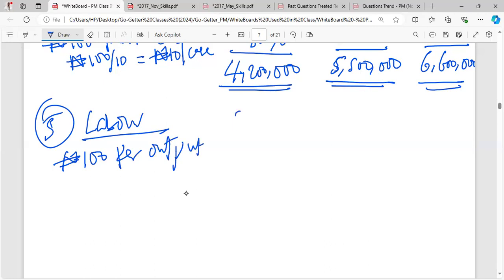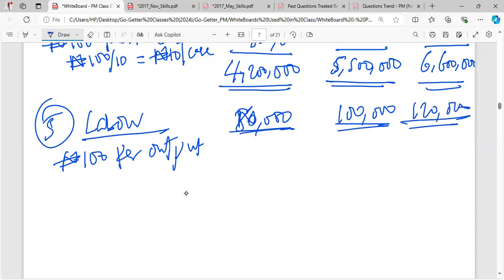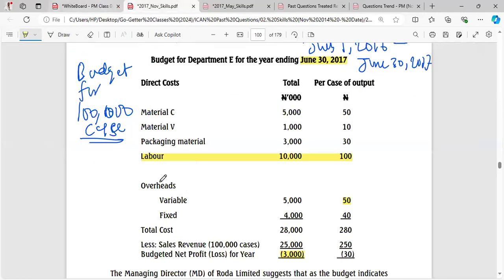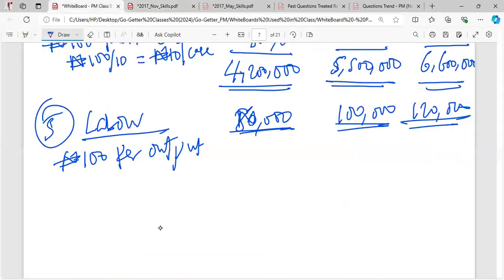So when we have 80,000, 100,000, 120,000 cases, 100 naira times 80,000 will give me 8 million. Then this is going to give me 10 million.